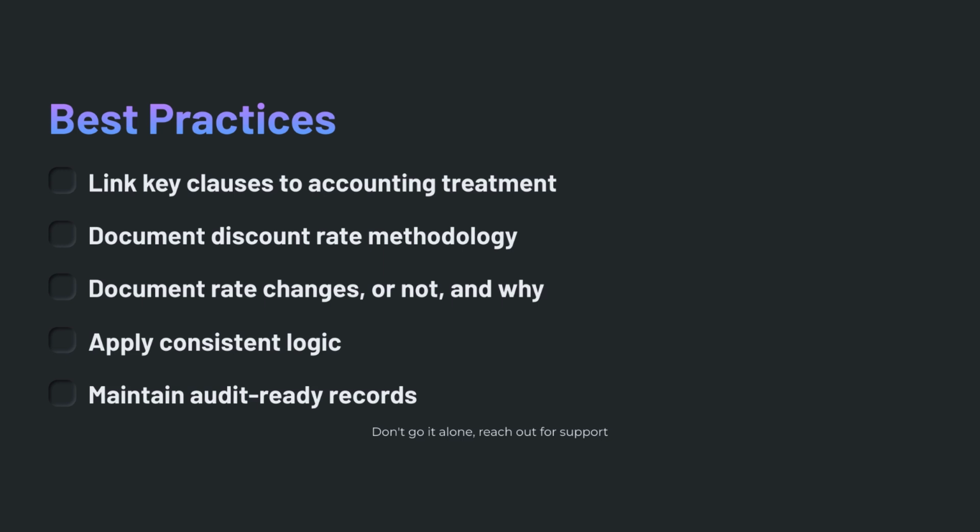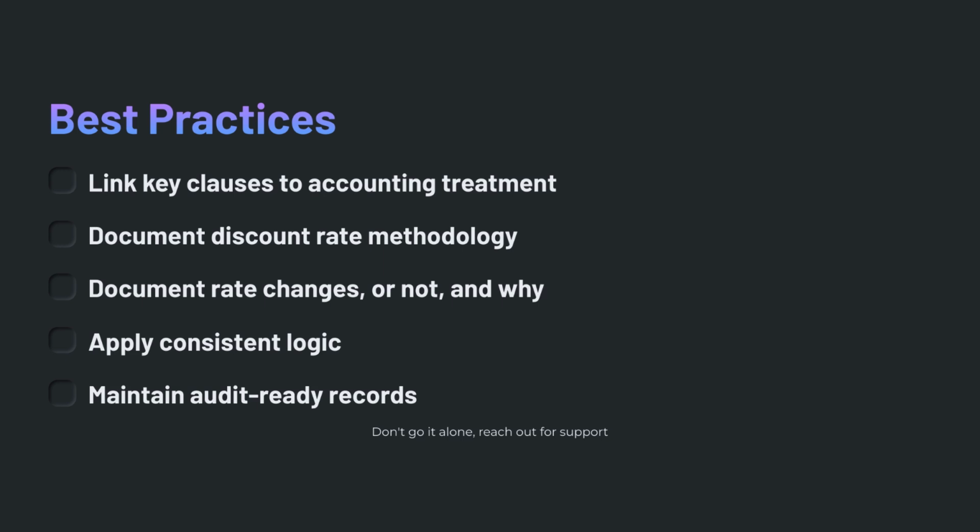Those all need to be reflected in your lease model. And in addition, there's documentation. Every change, whether it triggers a remeasurement or not, needs clear supporting evidence. And that includes explaining why a change did or didn't result in a new discount rate. If you reassess the liability, but not the rate, write it down. If you did both, back it up.